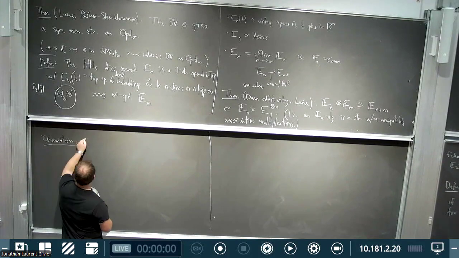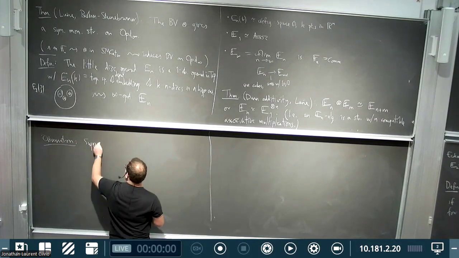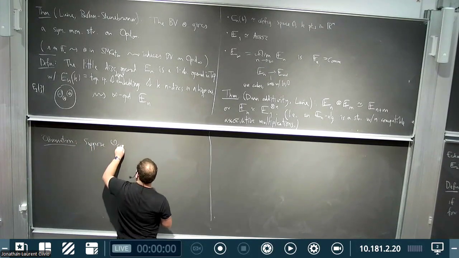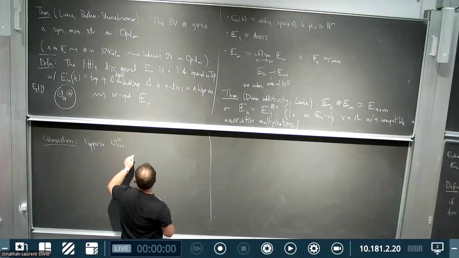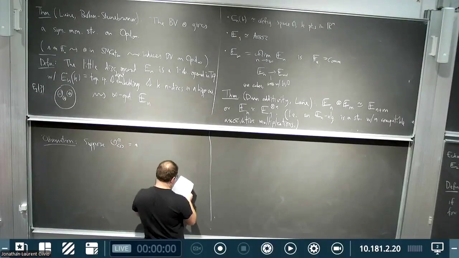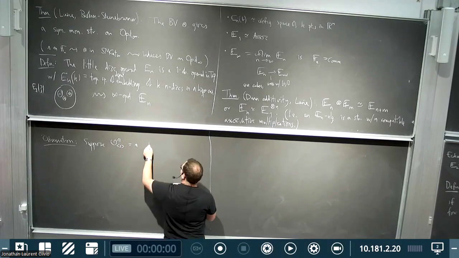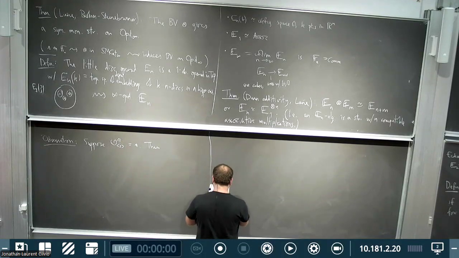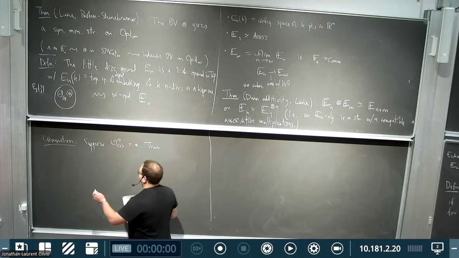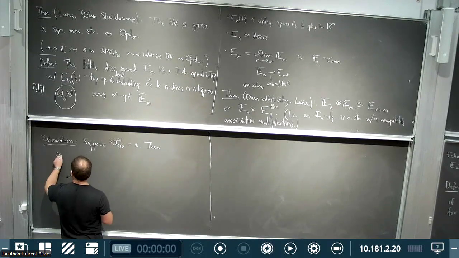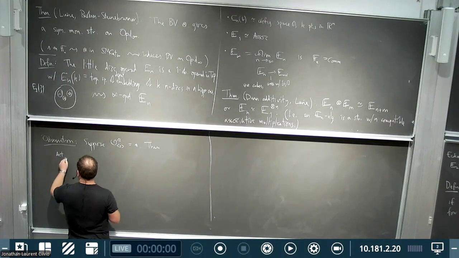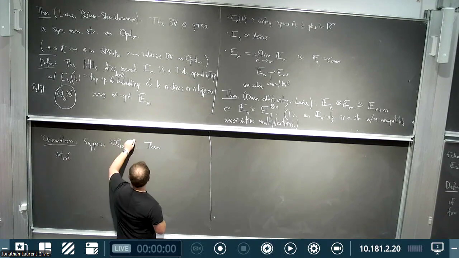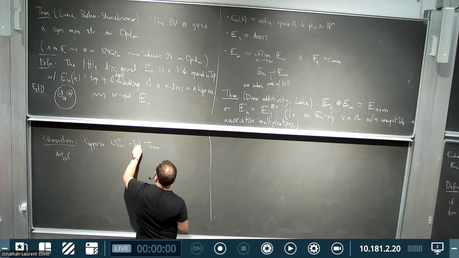Let's consider the case first where my operad is a single-colored operad, with a single color, which I'll call star.